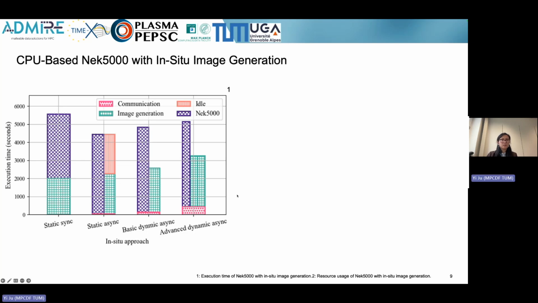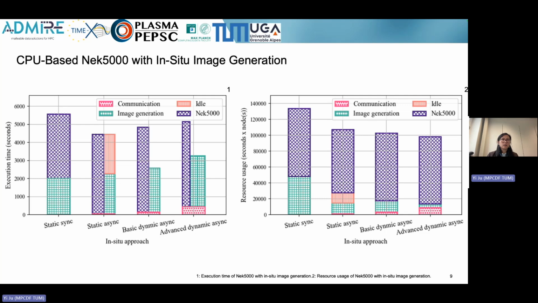So maybe it takes longer to use the dynamic asynchronous in-situ technique, but when we come to resource usage, it can improve the resource usage. We measure the resource usage by calculating the number of nodes we used and the execution time of each node.